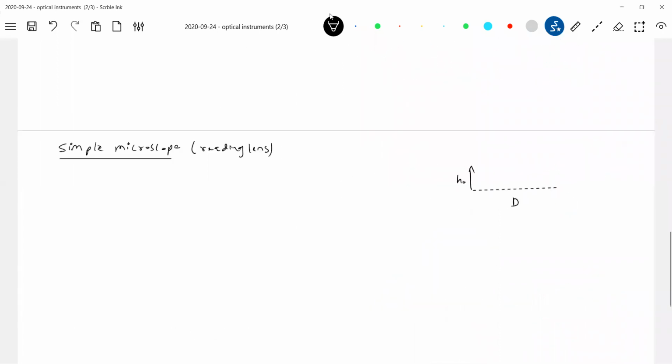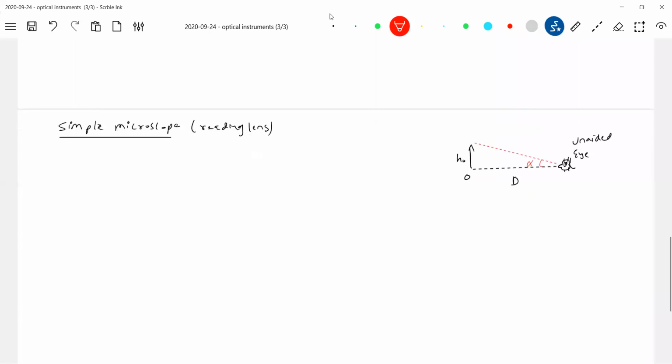And let's come to this one. So this object is kept. This is the unaided eye. So it will subtend an angle, and that angle we'll write as alpha. Now what happened? The same object is viewed with the help of an equipment. That equipment I'll call the convex lens.